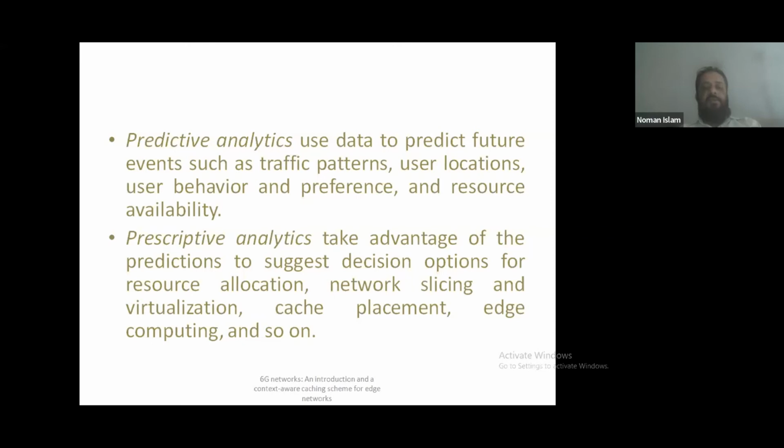And finally, prescriptive analytics can be used to suggest alternatives, the options to resolve those anticipated future scenarios. So based on predictive analytics, you get to know that there might be certain issues in the future. Then you can use prescriptive analytics to determine its solution.